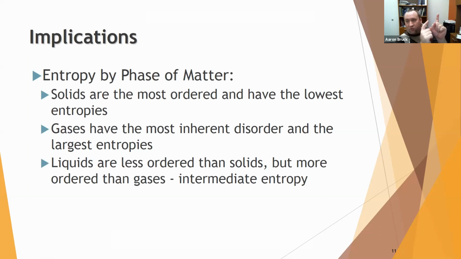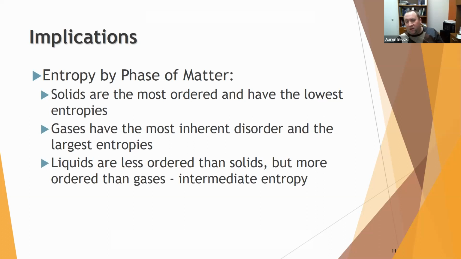They don't have a whole lot of room for translation, and so their entropies are relatively limited. Gases, because they take up the entire space of their container, because they are far apart from each other, and they tend to have the most internal kinetic energy, are going to have the greatest disorder and the greatest entropy overall.